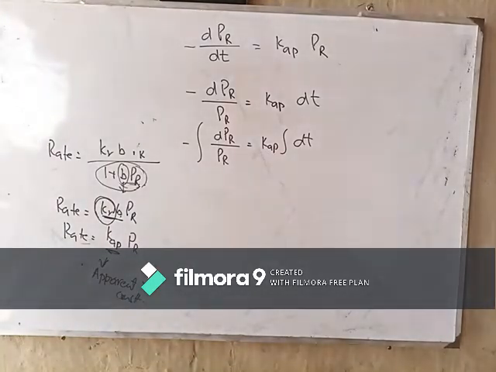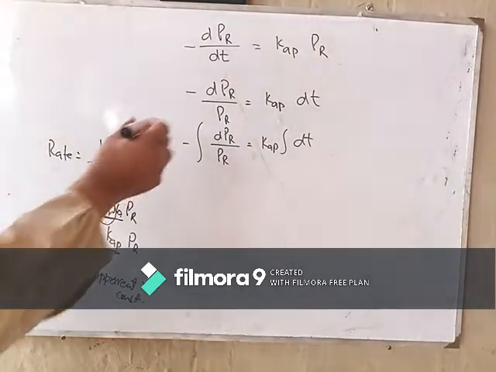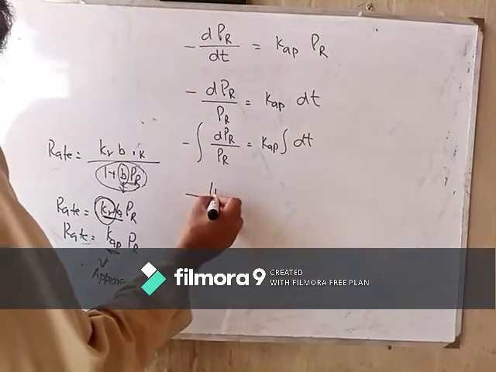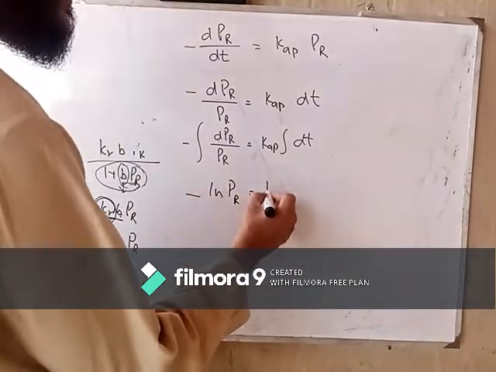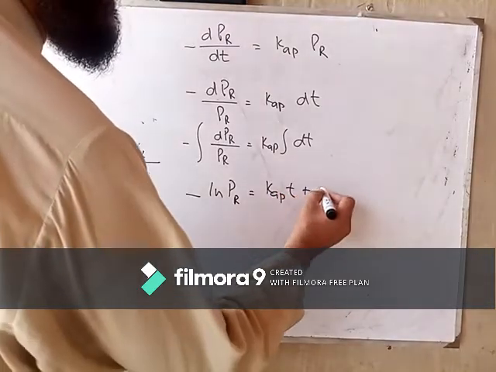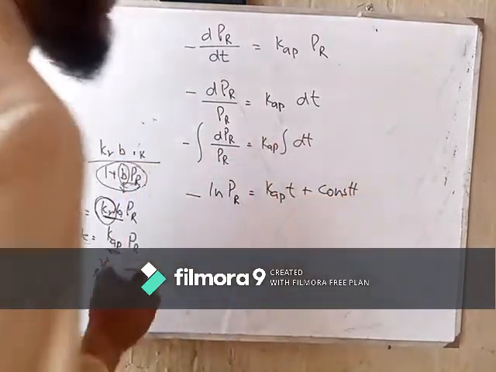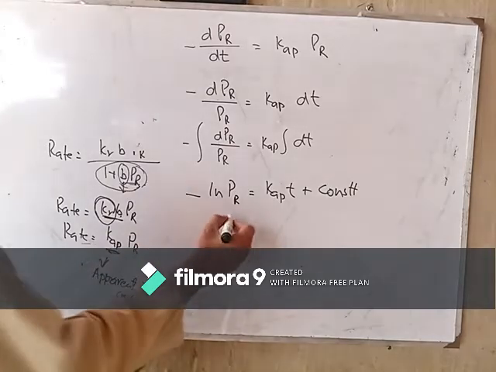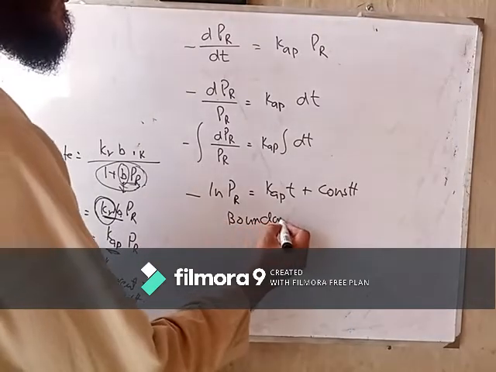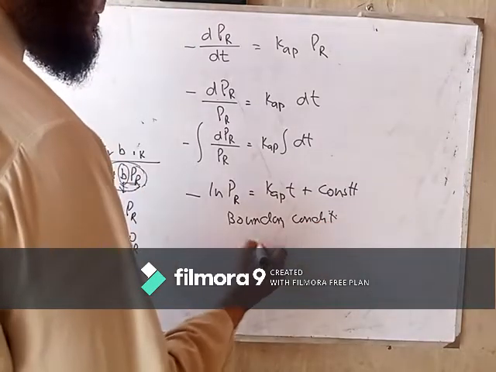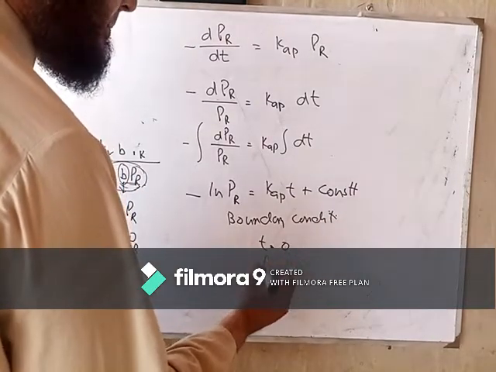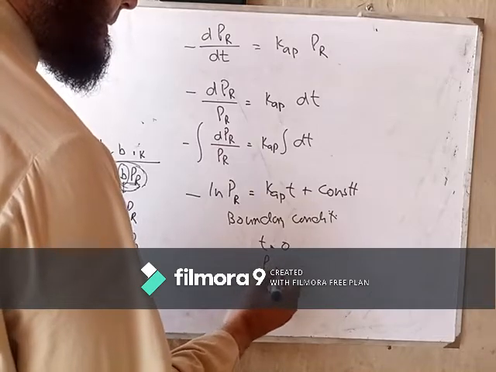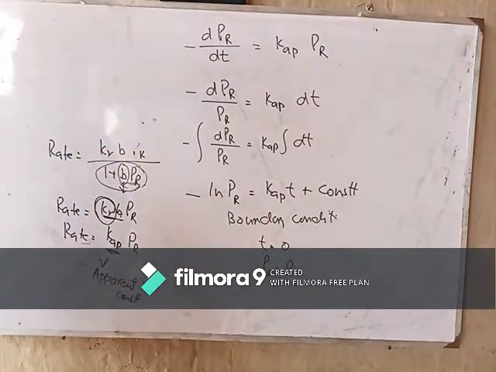तो पहले भी पढ़ चुके हैं, it becomes minus log of PR is equal to KAP t plus an integration constant. Integration constant की वैल्यू मालूम करने के लिए हम boundary conditions apply करते हैं. Boundary conditions क्या मतलब, when t is equal to 0, PR, pressure of R, is PI, the initial pressure.